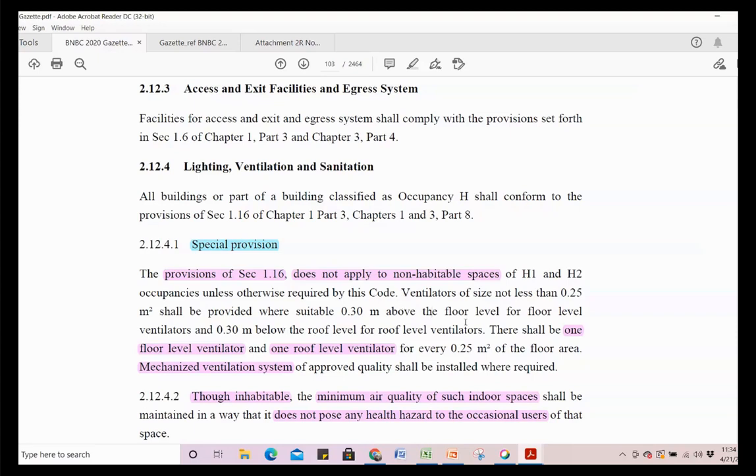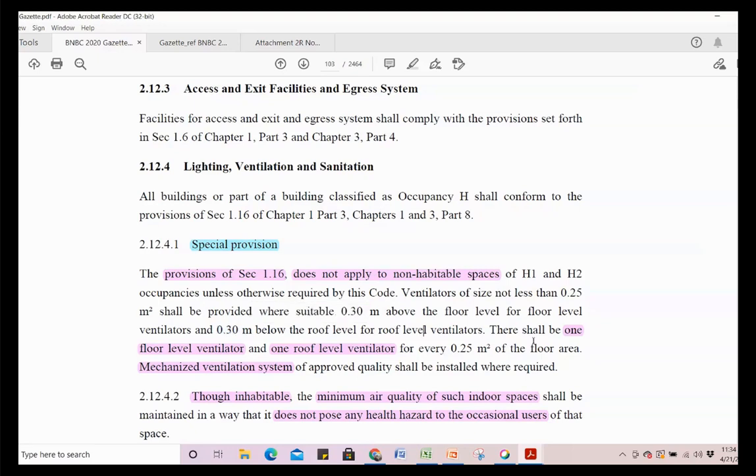So therefore, what will happen for non-habitable spaces? Ventilators of size not less than 0.2 square meter shall be provided, located 0.30 meter above the floor level for floor level ventilators and 0.30 meter below the roof level for roof level ventilators. So there are two types of ventilators in such spaces, one located near the floor and the other near the roof, and there are specific measurements for those locations.